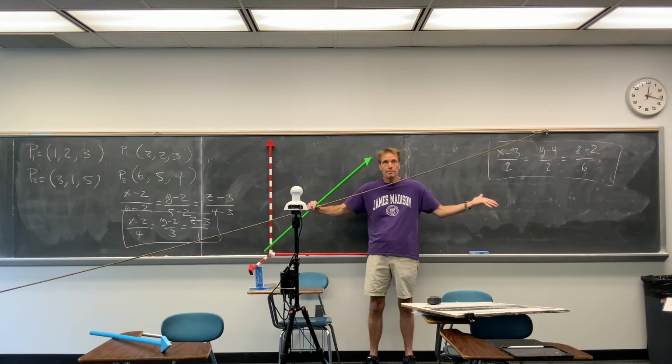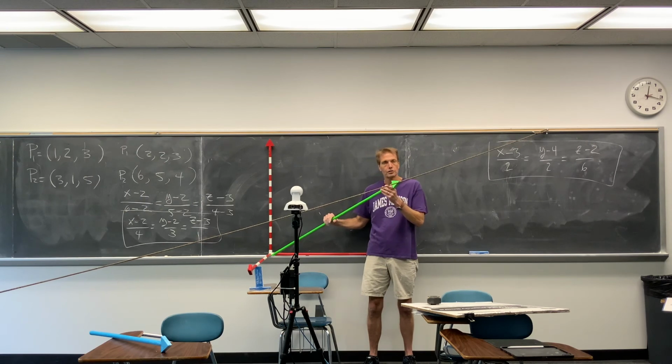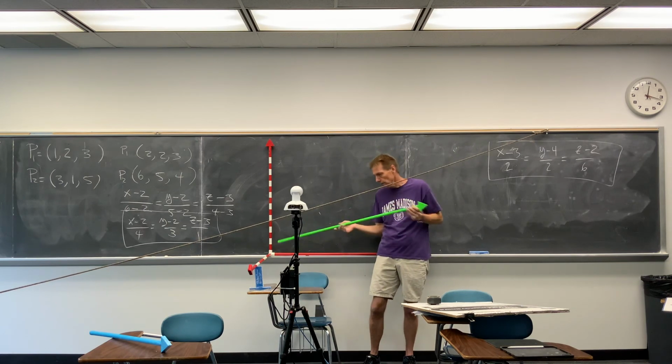There's infinitely many position vectors, infinitely many points you could point to. So there's my position vector, green would be A. Now I need a direction vector.